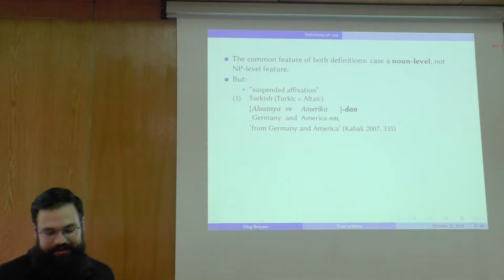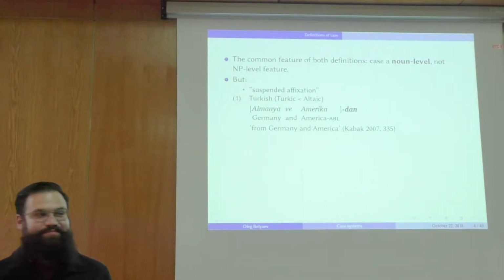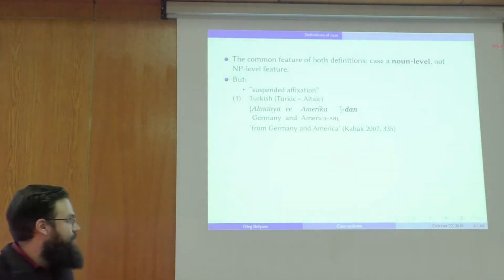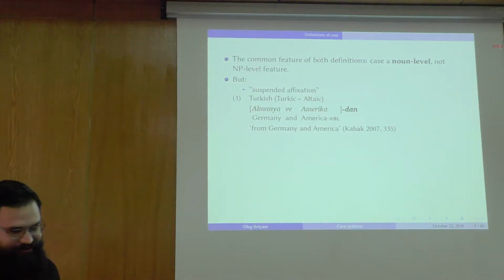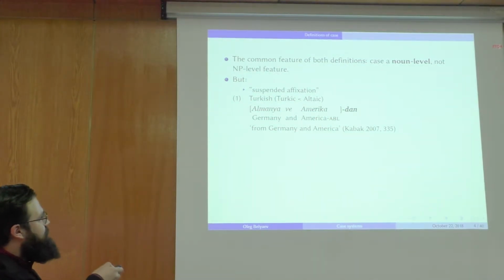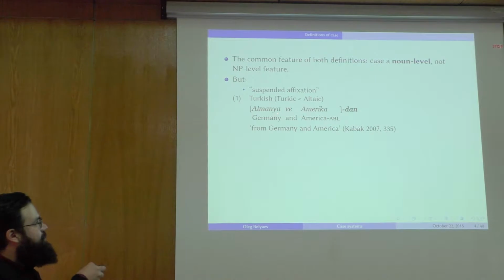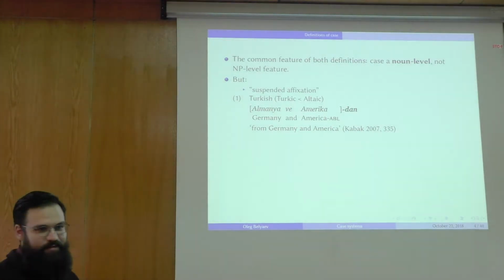But this immediately runs into various problems if you look at how things which people call case in different grammars actually behave. One of them is the well-known phenomenon of suspended affixation, which of course presupposes a certain view that there is supposed to be affixation on both conjuncts in a coordinate phrase, like in Turkish, Almanya ve Amerika'dan, from Germany and from America.